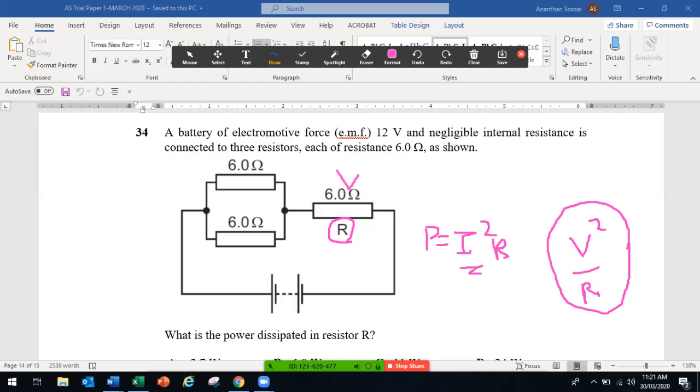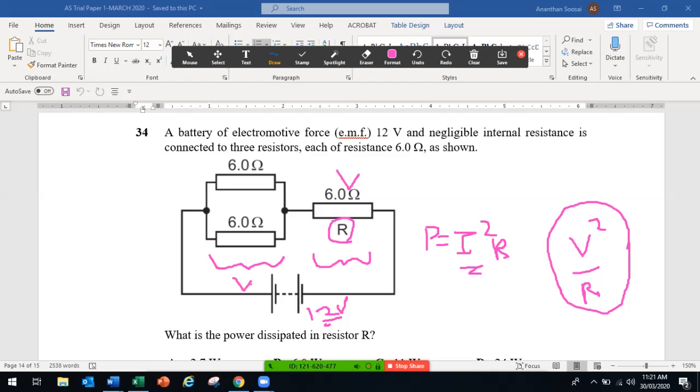What is the voltage here? No, the voltage is 12 times 6 over 9. See, the 12 volt has been used by this one and also these components, right? These two share the voltage.